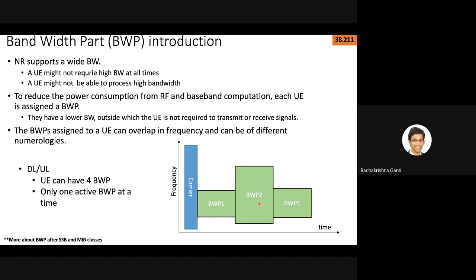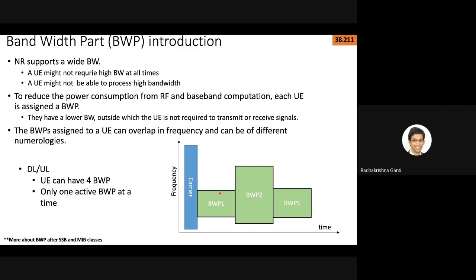Suppose you have bandwidth part 1. What does this bandwidth part 1 mean? Whatever signaling the base station is transmitting to the UE has to be in this bandwidth part 1. And whatever signaling or control information the UE is transmitting to the base station has to be in this bandwidth part 1. Similarly for bandwidth part 2.